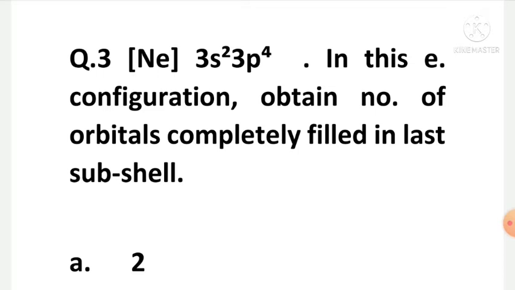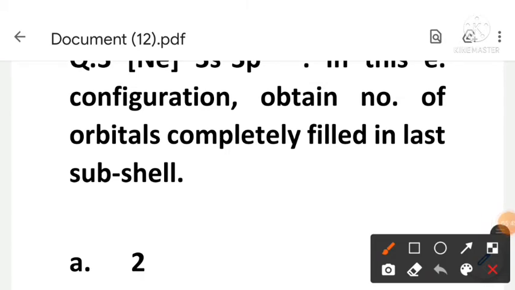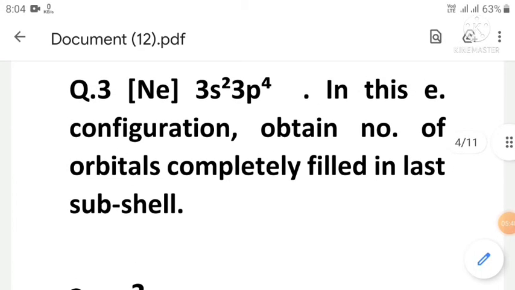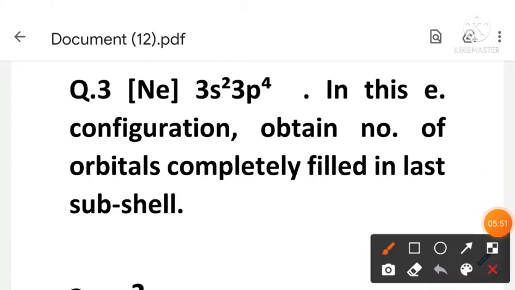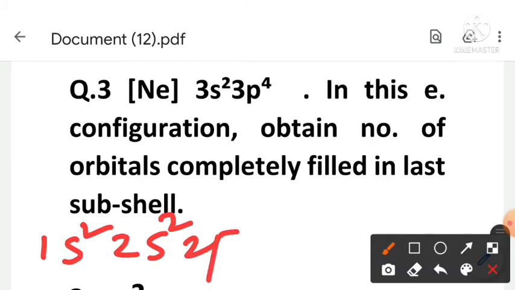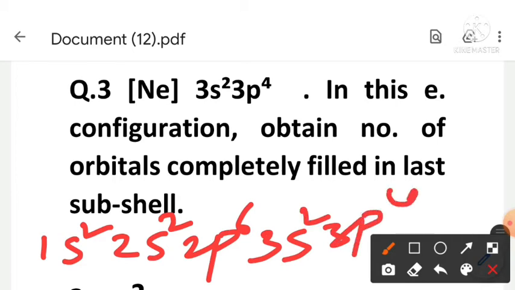Neon 3s2 3p4. In this electronic configuration, obtain the number of orbitals completely filled in the last subshell. Here first we have to write the electronic configuration. We know that neon is 1s2, 2s2, 2p6, 3s2, 3p4.